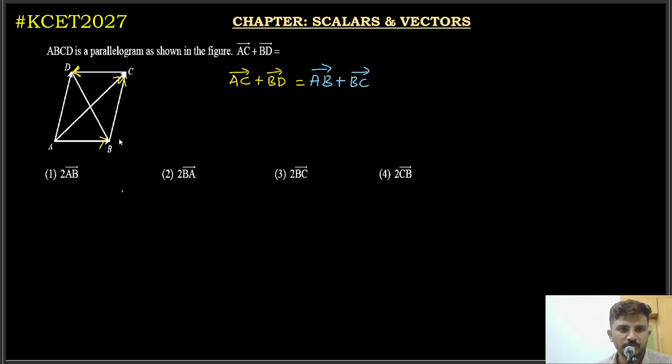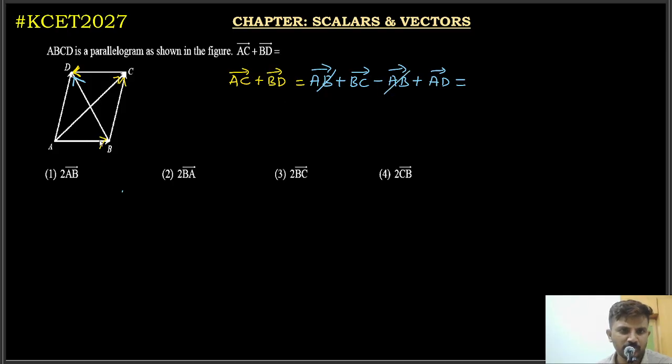Next, BD is in this direction. That can be written as minus AB, opposite direction, plus AD. Okay, so that is BD, correct. So AB minus AB get cancelled.